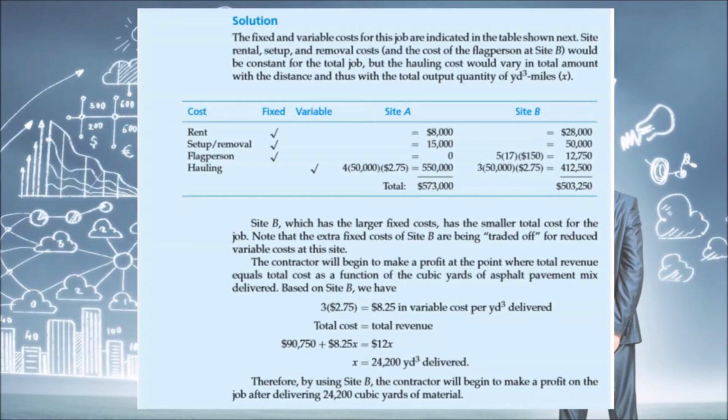Based on Site B, we have X equal to 24,200 cubic yards delivered. Therefore, by using Site B, the contractor will begin to make a profit on the job after delivering 24,200 cubic yards of material.